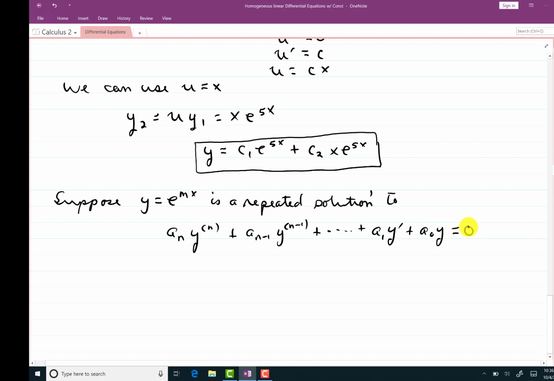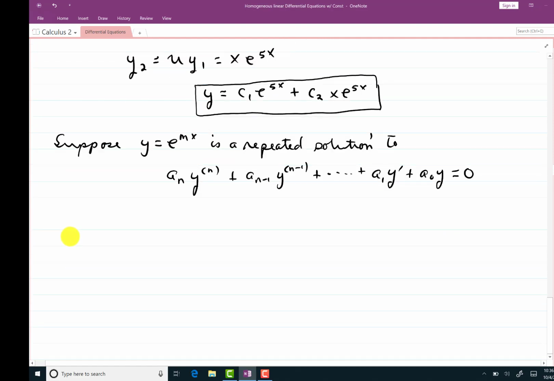Suppose e to the mx is a repeated solution. That means e to the mx is repeated, say, k times.